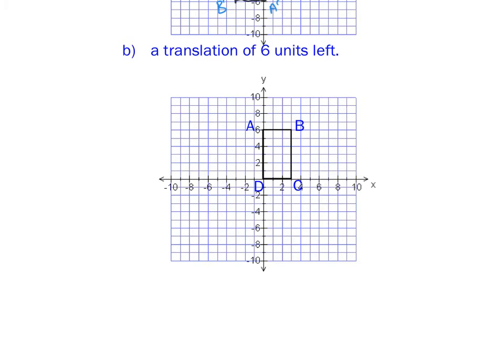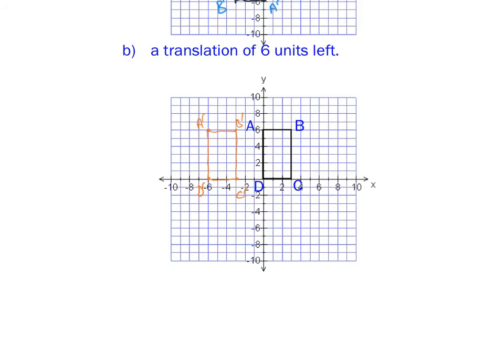Okay? So, A prime, B prime, D prime, C prime.